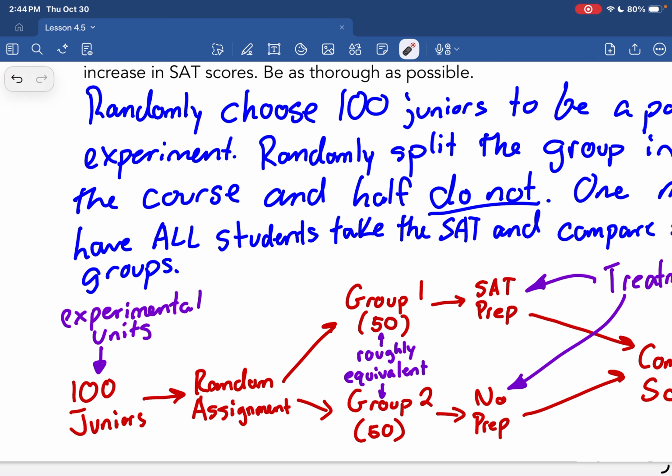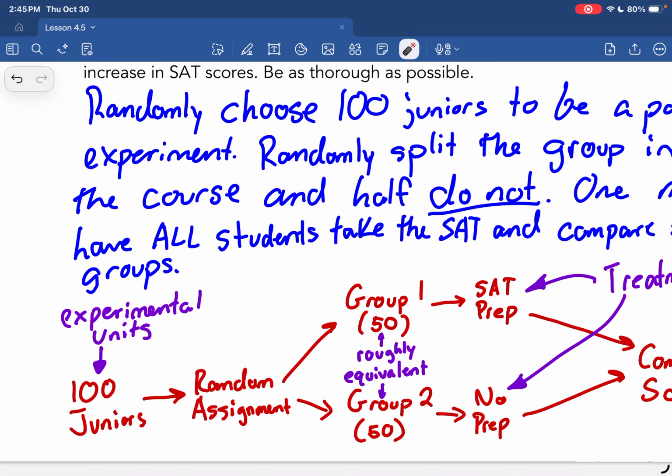Now, when the treatment is applied to each group, the groups are now different. It's just prep class, no prep class. The only difference between the groups is now the treatment. So now we've taken all of this confounding stuff and said, you no longer matter to us, because all we're focused on now is our treatment.